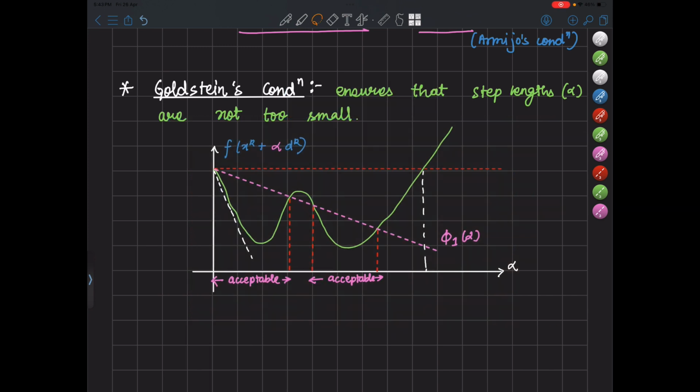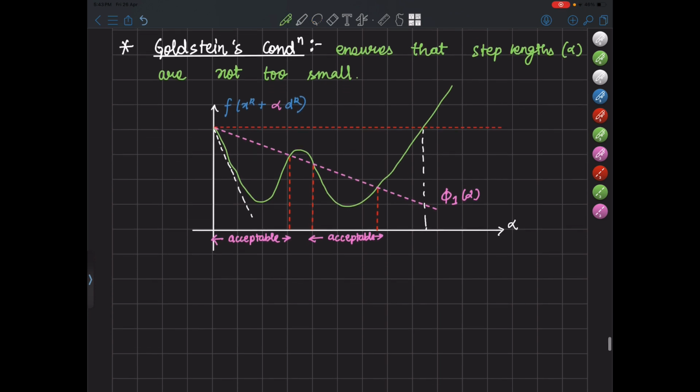All right. So the mathematical condition that it has, we again define a function phi 2 alpha, which is given by f(xk) plus c2 dot alpha dot gk transpose dk, where c2 belongs to (c1, 1).